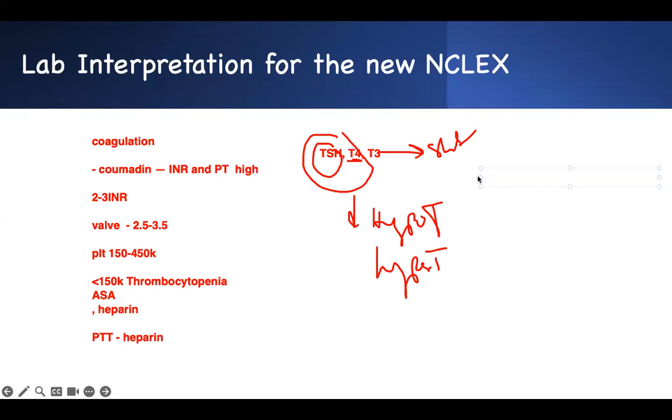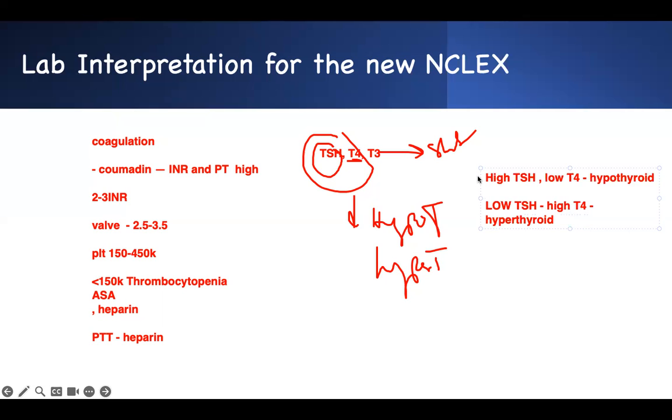So the best way to remember this relationship is a high TSH and a low T4, not T3, T4, and you know the individual is hypothyroid. If they have a low TSH and high T4, you know this individual is hyperthyroid. And that's all. You don't have to boil it down too much. Look at the numbers, look at which direction, and you can answer the question.